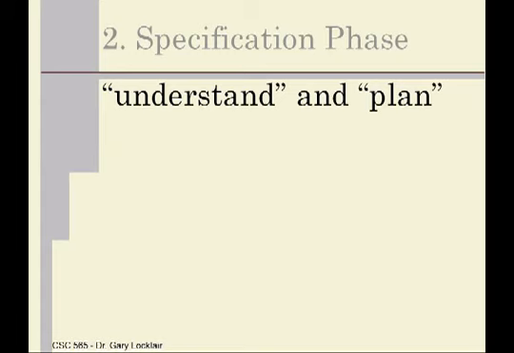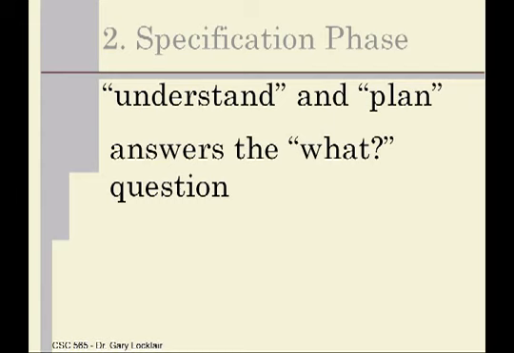In our abstract problem-solving model, the specification phase embodies elements of both understanding and planning. Whereas the requirements phase, number 1, focused on why, the specifications phase, number 2, focuses on what.